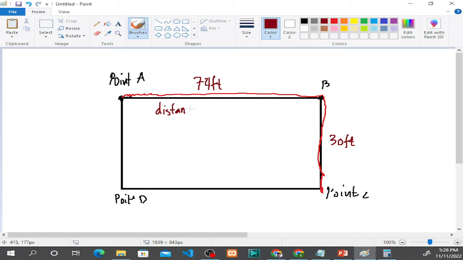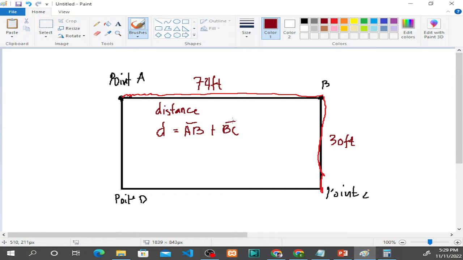To find the distance, you have to add the lengths of the line segments. You write D for distance is equivalent to the length of line AB, the line over A and B indicating that it is a line segment, plus the length of line BC.